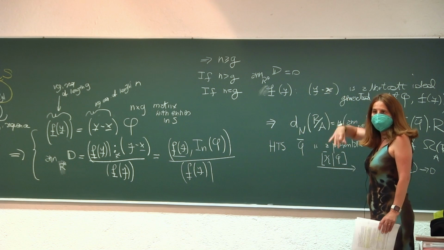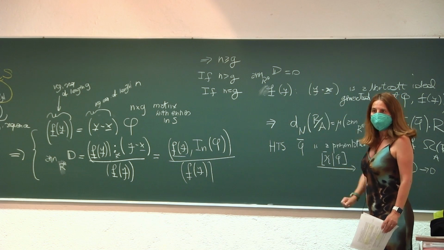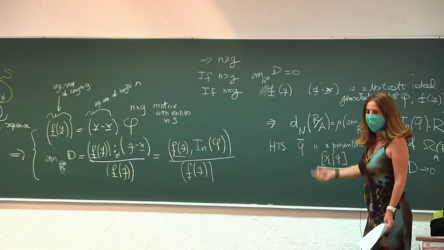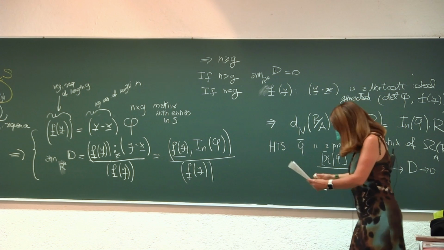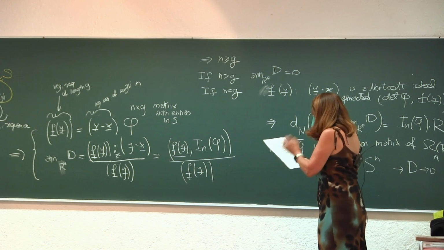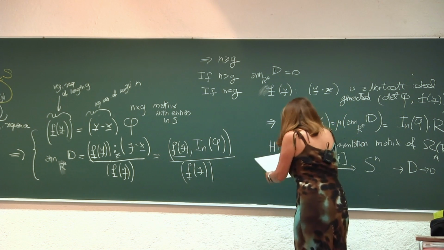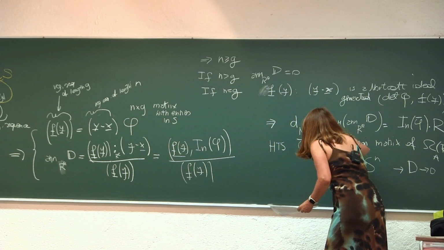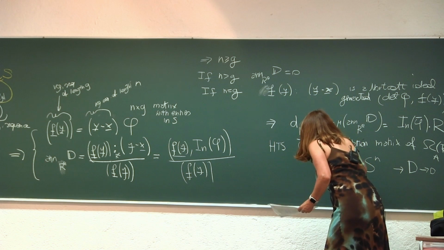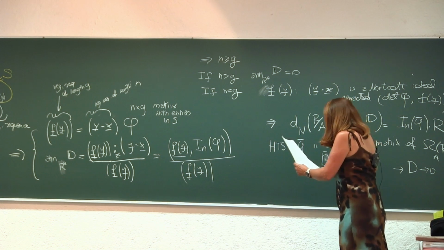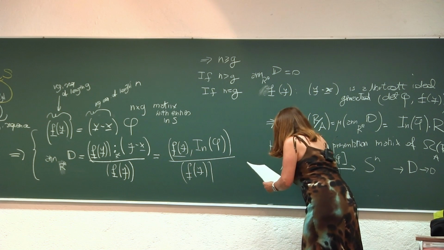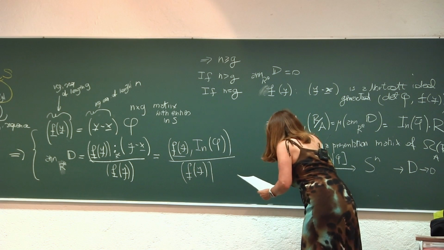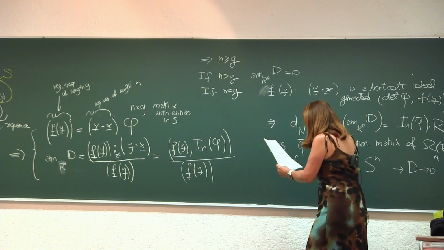okay? And then the syzygy matrix of this, but this is a regular sequence. So it's the second syzygy in the Koszul complex. So let me call it script K to remind you that this just comes from the Koszul complex, okay? So it's just the syzygy in the Koszul complex, because that is a regular sequence of y minus x, okay? And now, what do we get from here immediately?